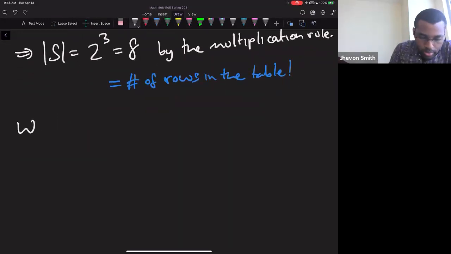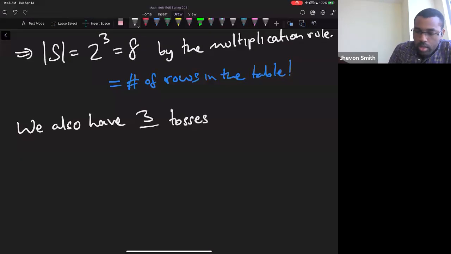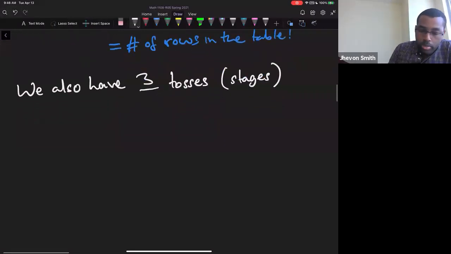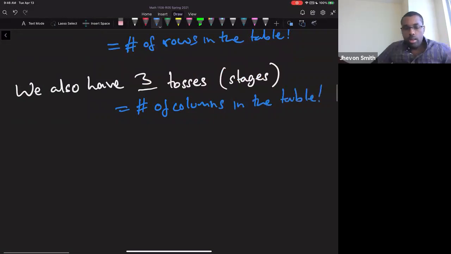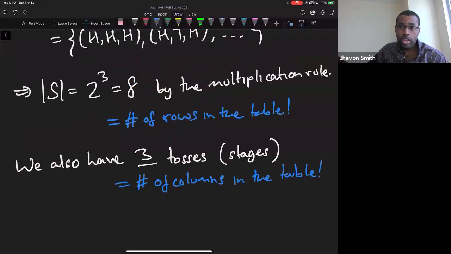We also have 3 tosses, that is stages. And that is going to be the number of columns. So the size of the sample space tells you the number of rows.